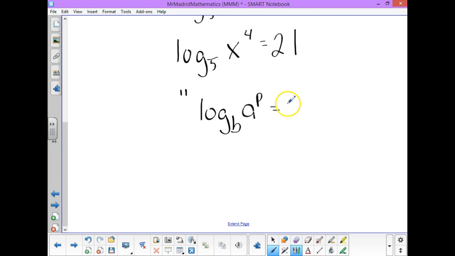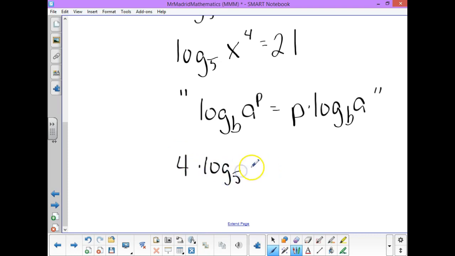What does that do? You're allowed to put the p up front, p times log base b of a. So this is the bit of knowledge that I'm going to apply here. Then I'm going to have 4 up front times log base 5 of x equals 21.